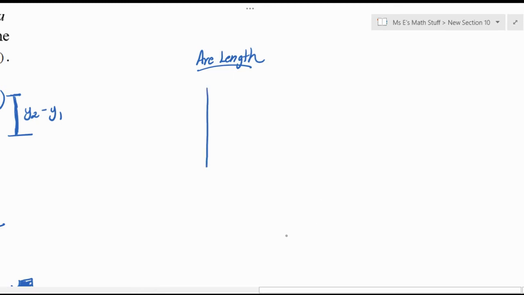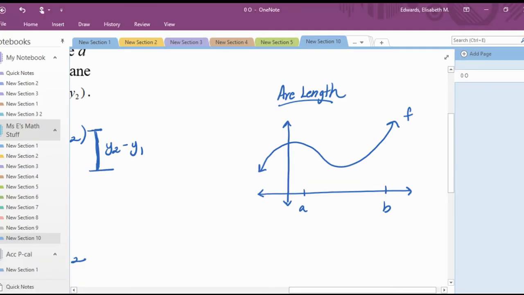So let's say you have a graph here, and you have some nice smooth continuous function, and you are asked what the arc length is on a given interval. First, let's talk about what is meant by arc length.